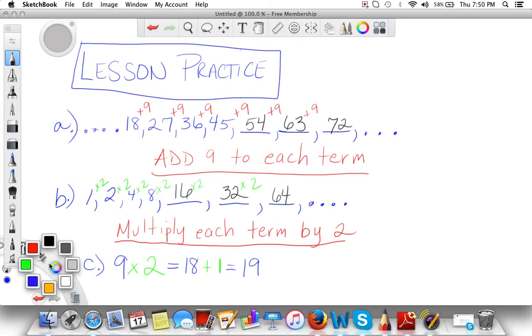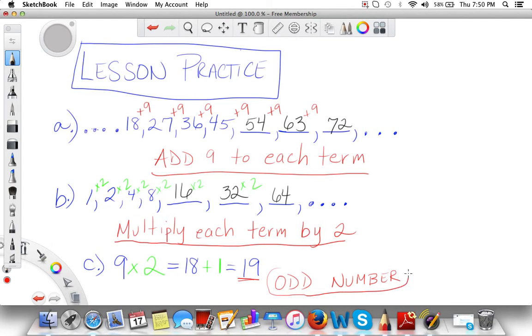Well, 19 is definitely an odd number. Okay, so we learned earlier in our examples that if we double a number, it'll give us an even number. But now if we take an even number and add 1, we're going to end up with an odd number. All right, that's C.